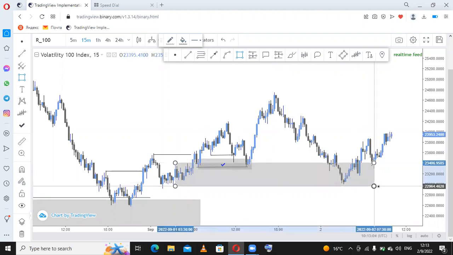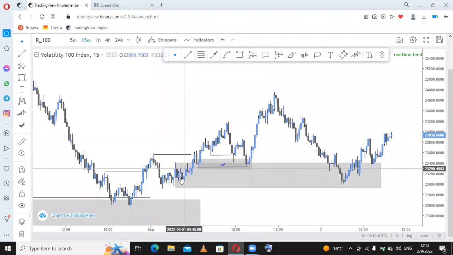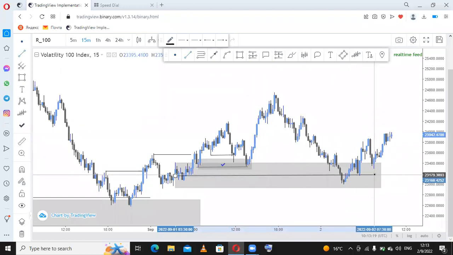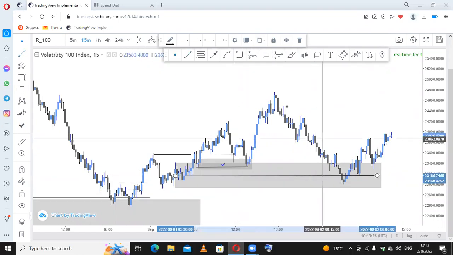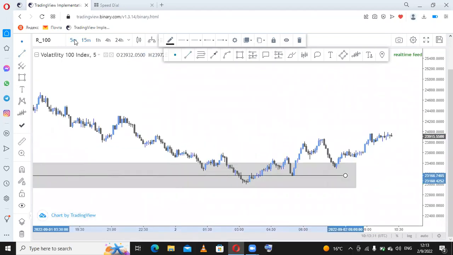Because it's a very big zone, for entry you can either use confirmation entry like this, or use the 50%, which is the equilibrium of the zone, to enter. On this line will be your entry, and the stop loss will be below this whole zone, right? So using confirmation entry on M5, I'm sure we did miss this one, but obviously we'll look for other entries.